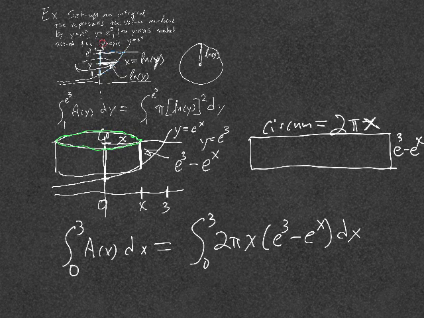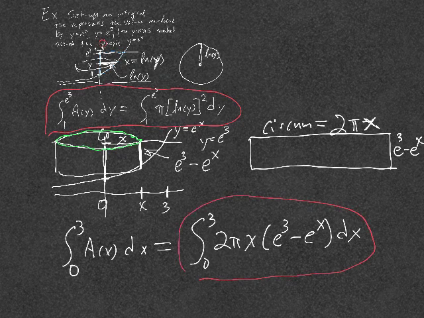Right? And so now we have two different integrals representing the same volume. So the first one, again, was in terms of disks because it wasn't really a washer. And so since we rotated around y, this integral is in terms of y.